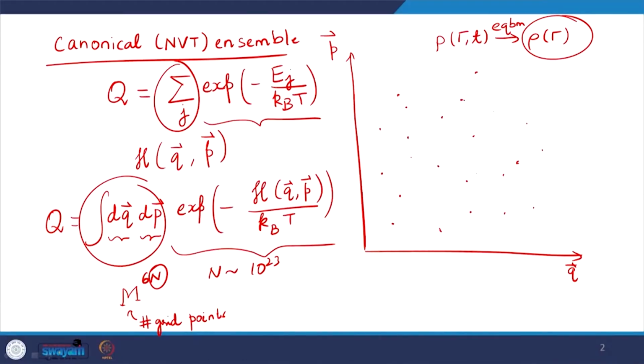The second part of the story is, let us say by some imaginary computer that is not there, we can do that. If we are doing that, it is going to be highly inefficient, and the reason is because I will be generating points uniformly in this particular phase space as something like this.